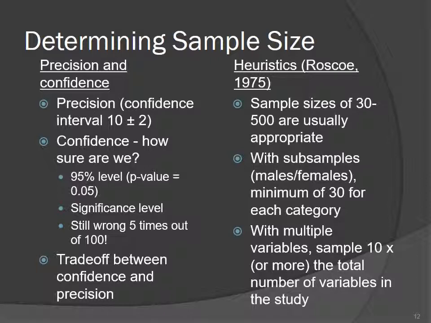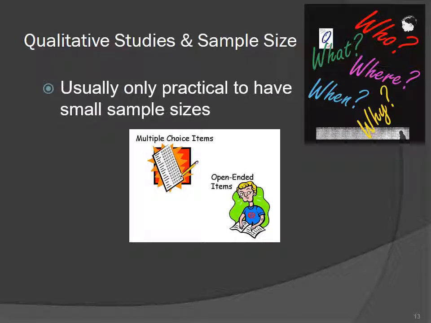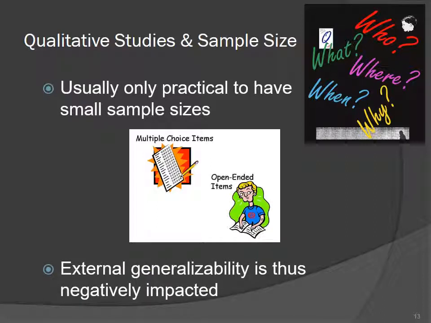Qualitative samples have generally smaller sample sizes than do quantitative. Qualitative has richer data. Quantitative has more respondents at the cost of the richer data. So with qualitative sample studies, it's typically only practical to have small sample sizes. You then impact your external generalizability.